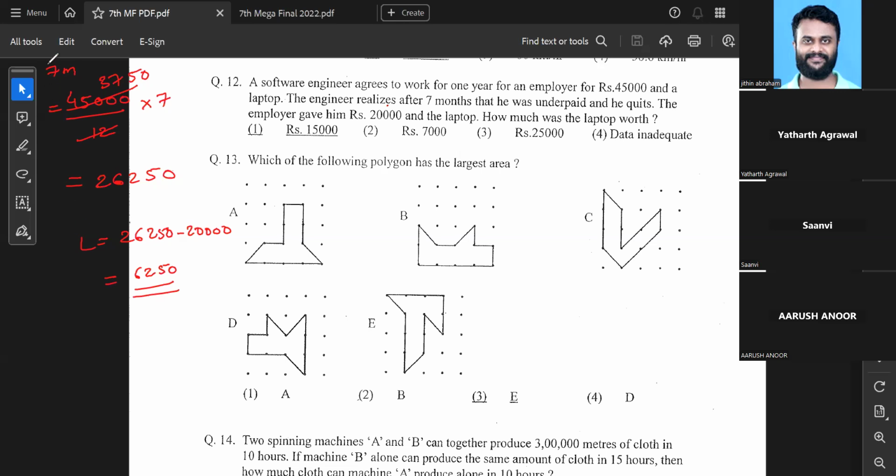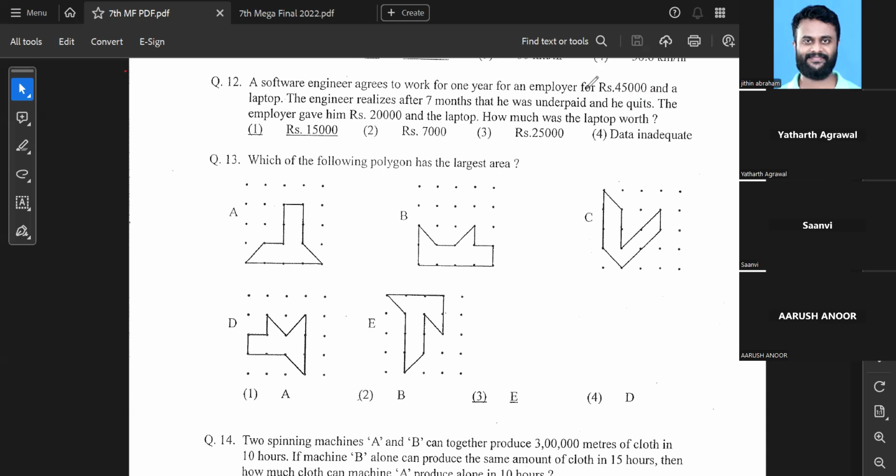So 35,000 minus 20,000 will give 15,000, which is the value of the laptop. Sir, I got it. The 26250 was only the salary, not the laptop. And then the 20,000 does not include the laptop. Correct. I misread the question.